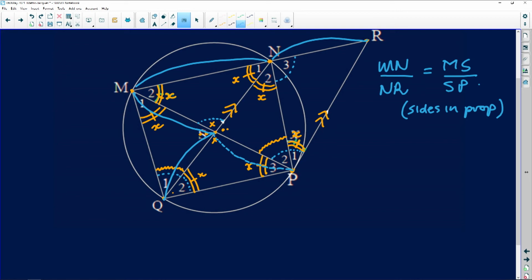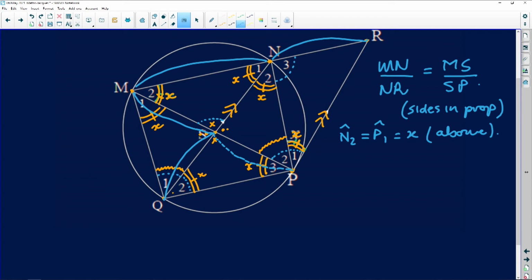Okay, so now we can start constructing our argument. Angle N2 was equal to P1, which is equal to x. We had that above. We don't have to state that reason again.